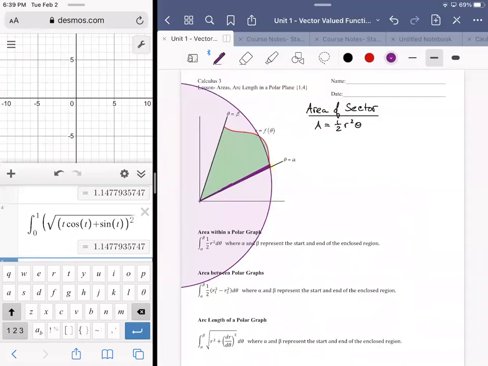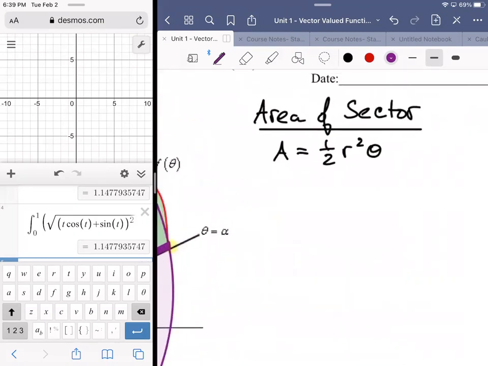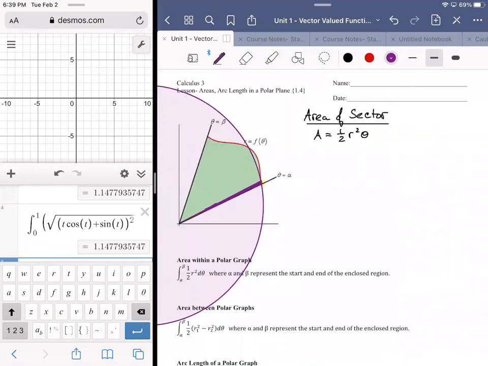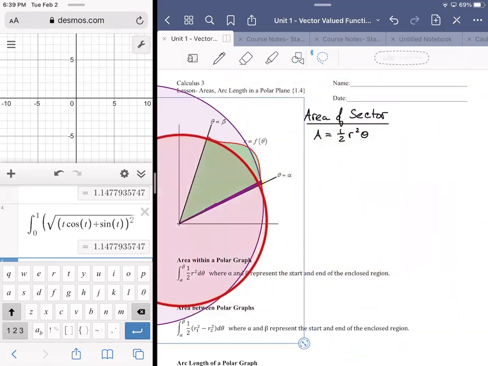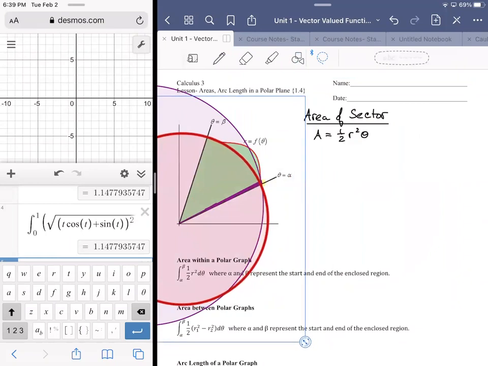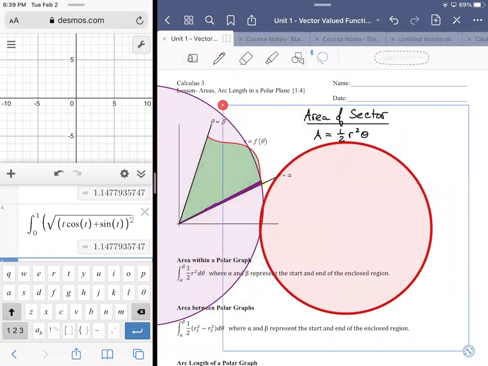So what I did was I found the area of that little tiny sector from that circle, and then let's say, for example, let me go red, try to eyeball it also. Oh, no. I guess it's good that it recognizes ellipses now, but it used to not, and I liked it better that way. Well, I need the radius to be at the center of the circle. It's going to be a little too thick.